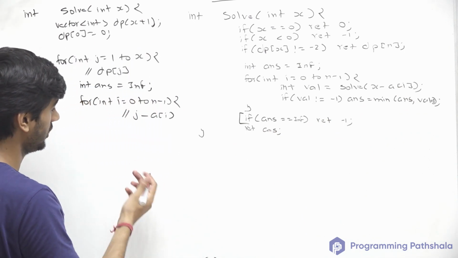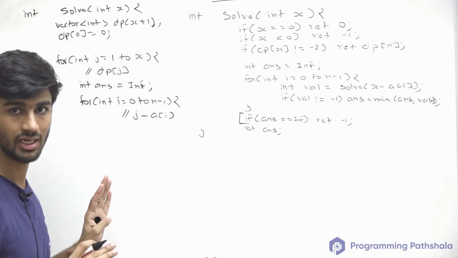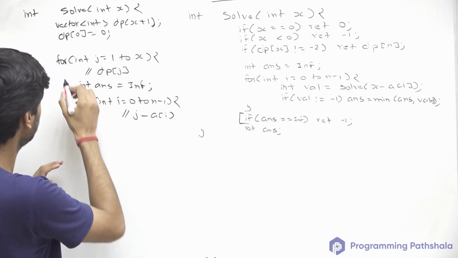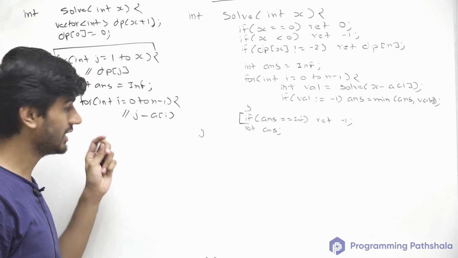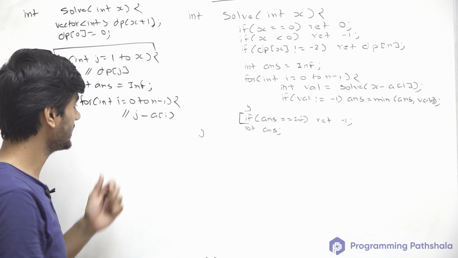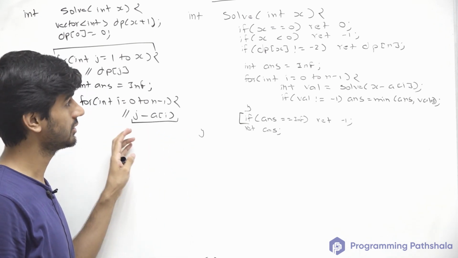Okay. So now j minus a of i will be smaller than j, right? And because it is smaller and we are calculating the answer in increasing order of j, we can say that for sure we must have already calculated the answer for this particular value if it is greater than 0.